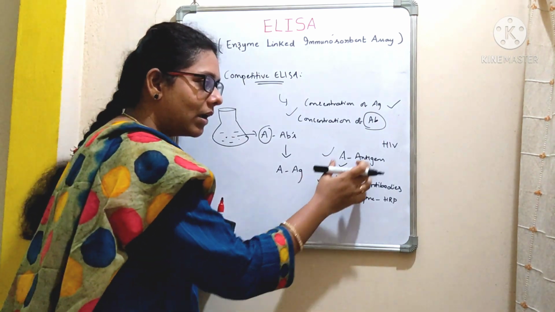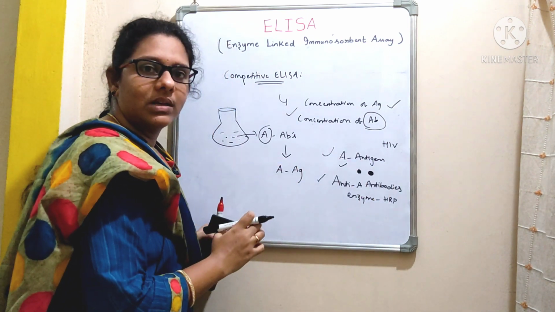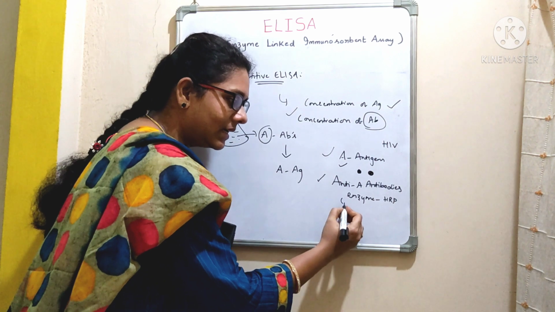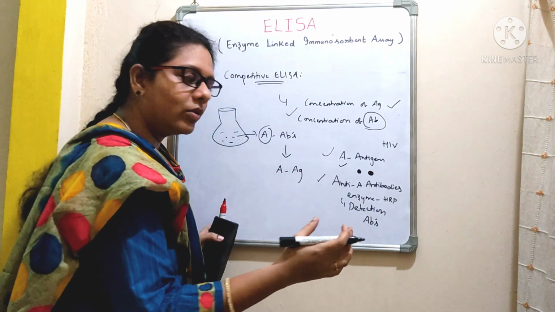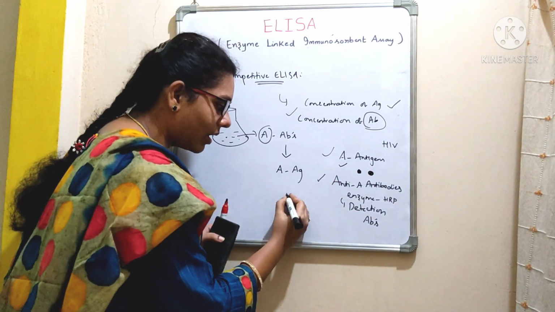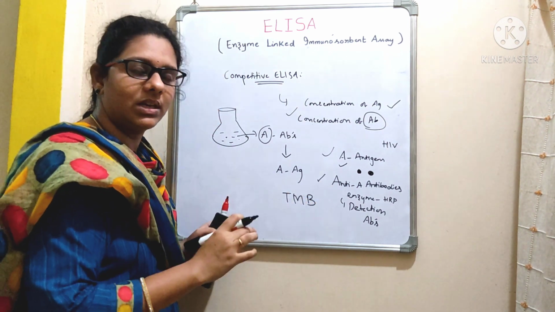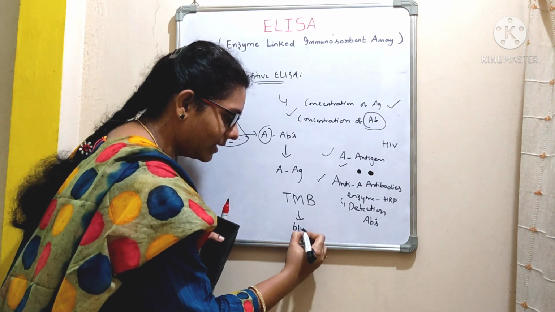Along with those antigens, we also need anti-A antibodies that are conjugated with the HRP enzyme. These are the detection antibodies. I already told you this HRP will react with a specific substrate called TMB, tetramethylbenzidine, and it will give rise to a blue colored product, right?